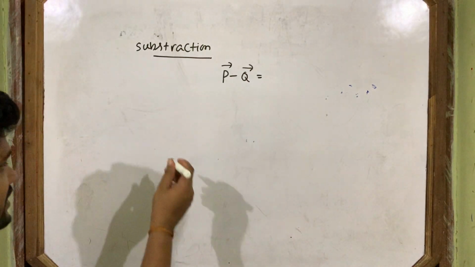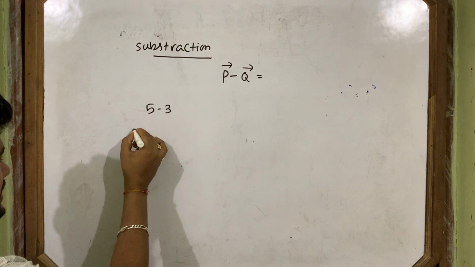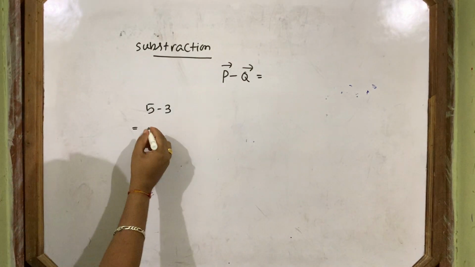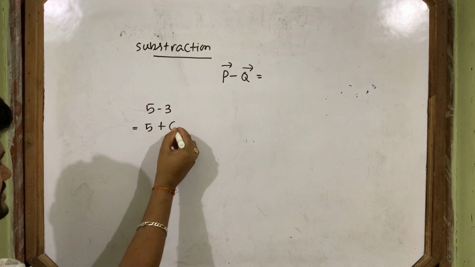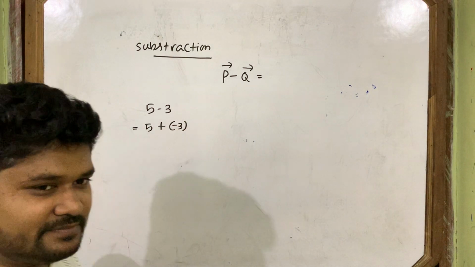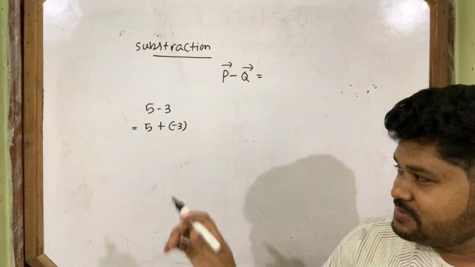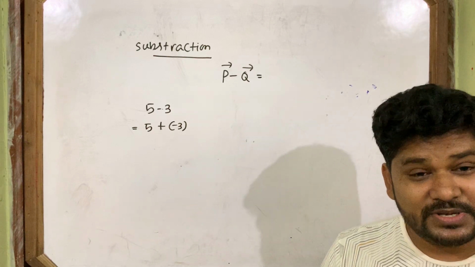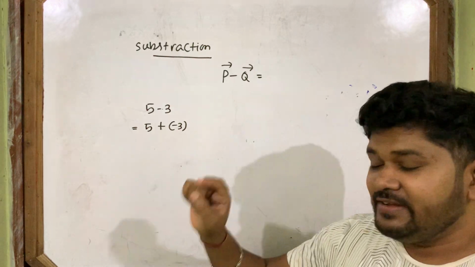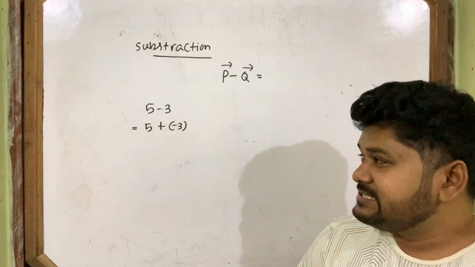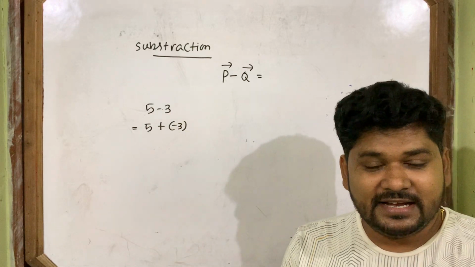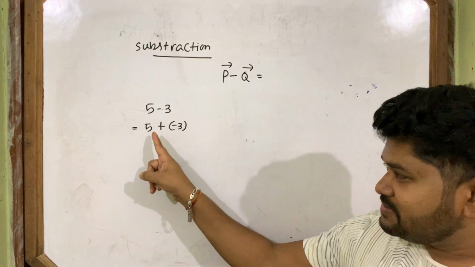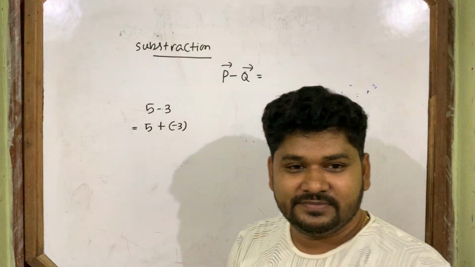If I tell you do 5 minus 3. So 5 minus 3 is equal to 5 plus minus 3. Means what? Subtraction is actually addition. Subtraction is actually addition with negative 1 of the second number. So we can convert that subtraction into addition. According to mathematician, subtraction is nothing but addition.